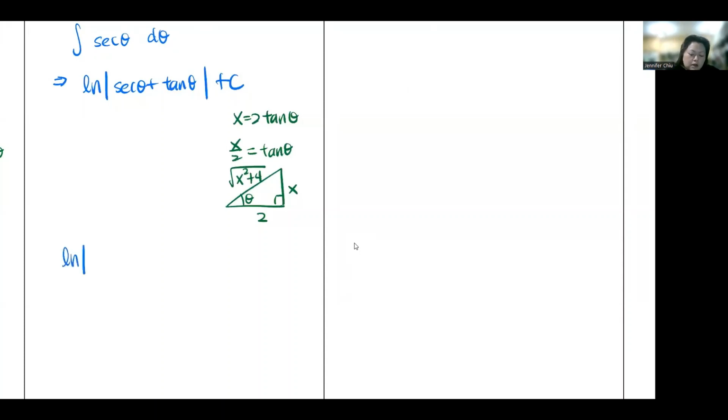I get natural log of secant. Secant is 1 over cosine, so that would be hypotenuse over adjacent. And then plus tangent. Tangent is opposite over adjacent. And then plus c, okay? And that's your final answer.